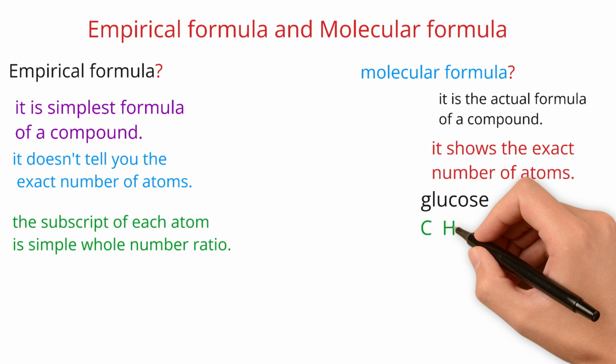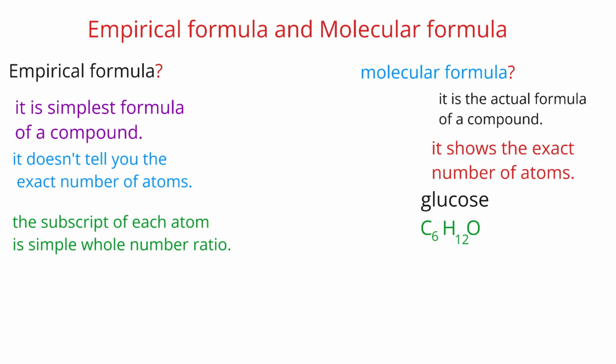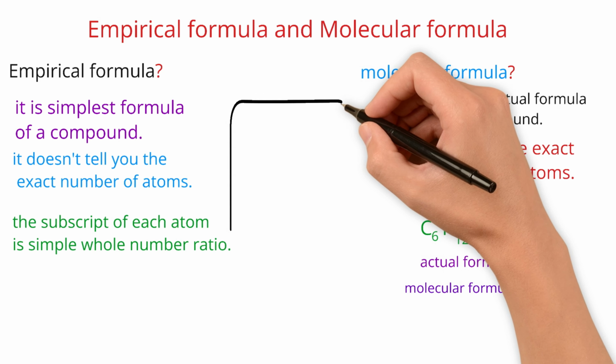Let us take glucose. In glucose we have 6 carbon atoms, 12 hydrogen atoms, and 6 oxygen atoms. Therefore, this is the actual formula of glucose, and again, it's the molecular formula of glucose.